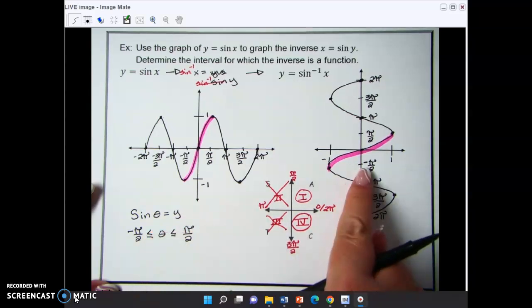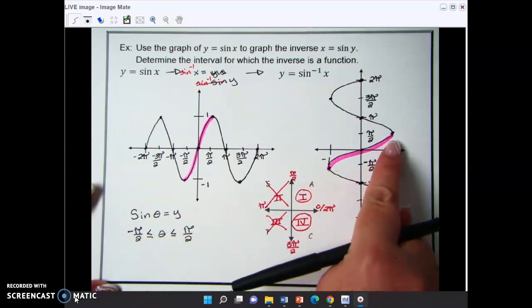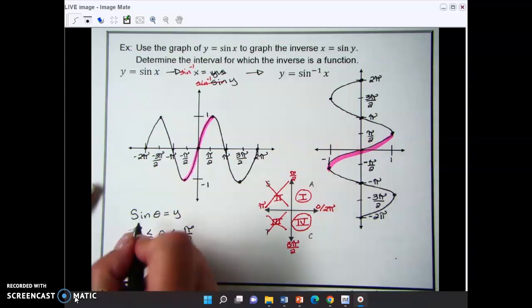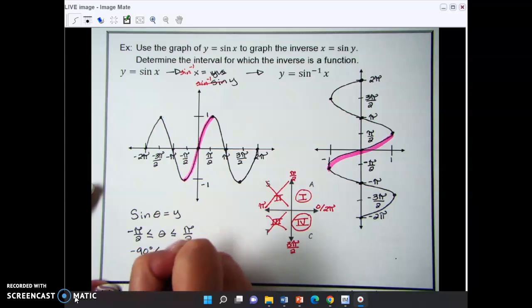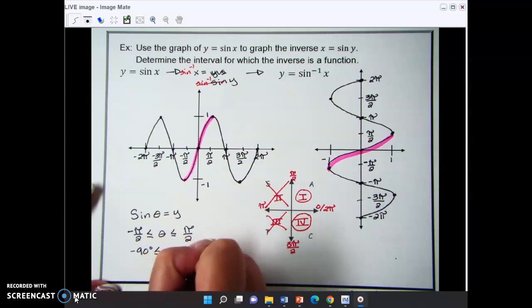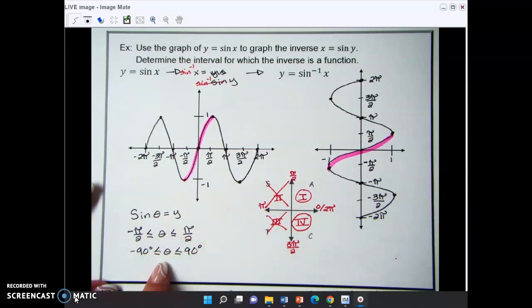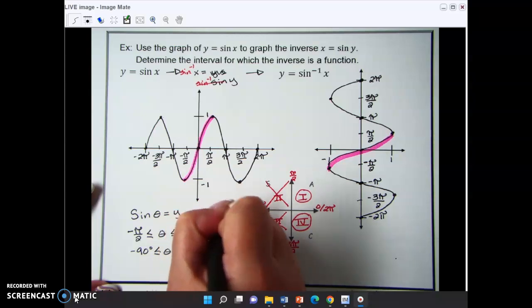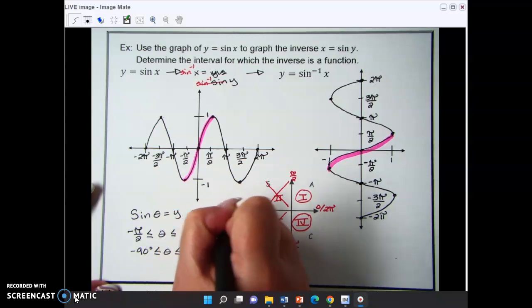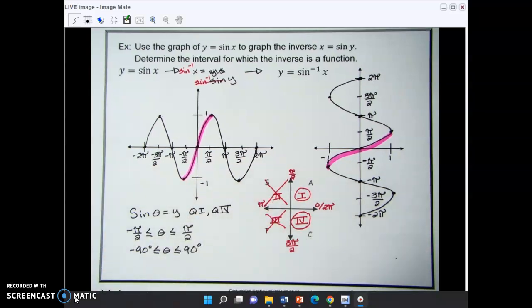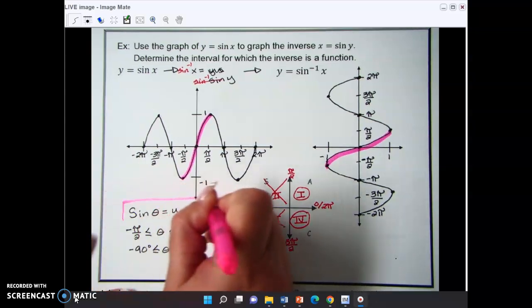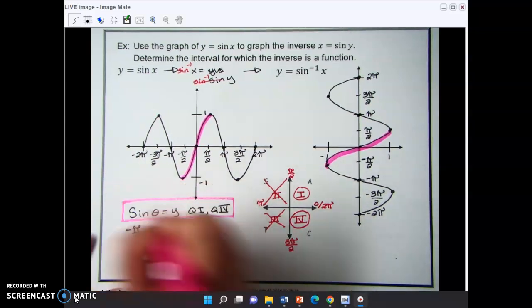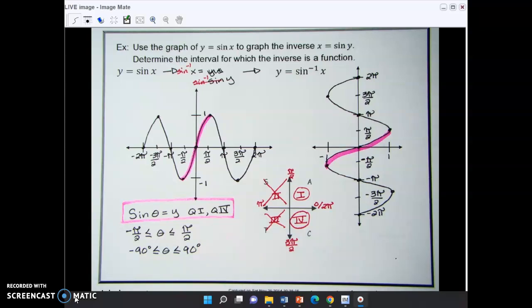So you'll notice in the graph, it goes as low as negative pi over 2 and as high as positive pi over 2, which means negative 90 degrees is less than or equal to theta is less than or equal to 90 degrees, which is why you can never get an obtuse angle out of the inverse of sine. And then it's going to be defined in quadrant 1 and quadrant 4. So that is the big piece of information we want to glean from this, is that it is defined in quadrants 1 and quadrant 4.